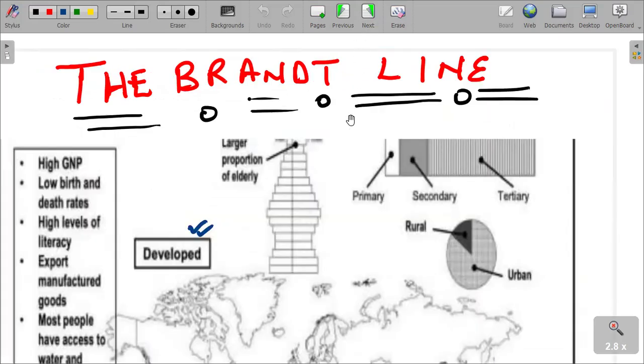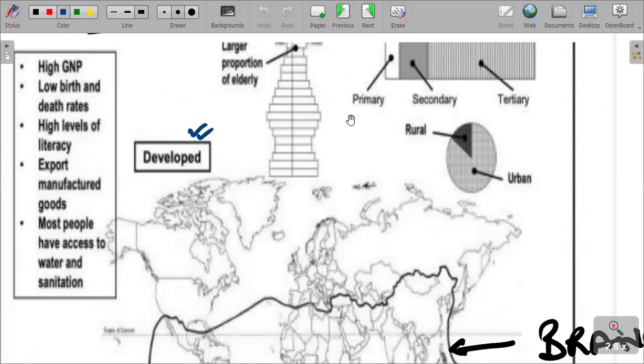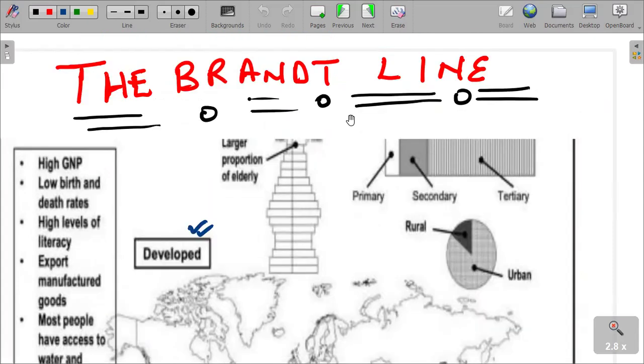This is also explained through our world map that is attached on this board for notes and clarity. You shall see that we have the developed countries, which are explained through the pyramids.